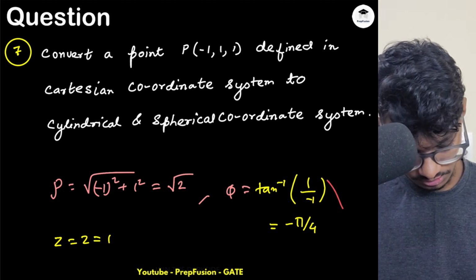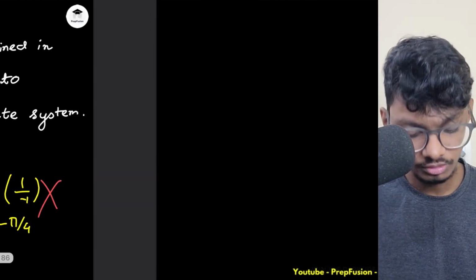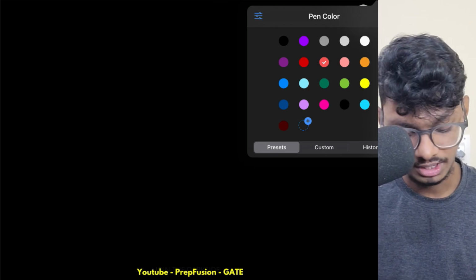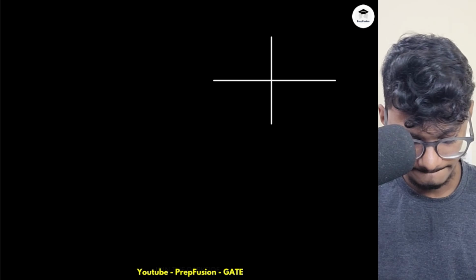this will be wrong. Why will this be wrong? Because you didn't pay attention. You have to really master how to understand angles. If you observe the point, what is the point actually?